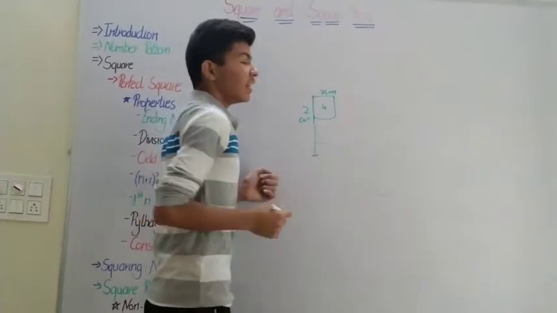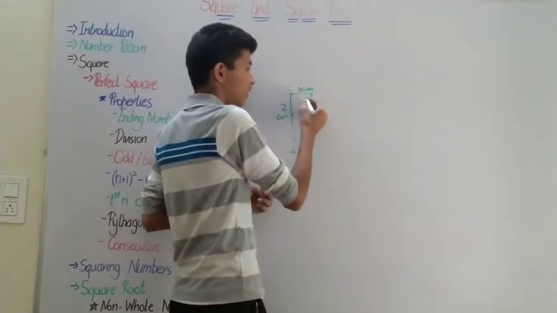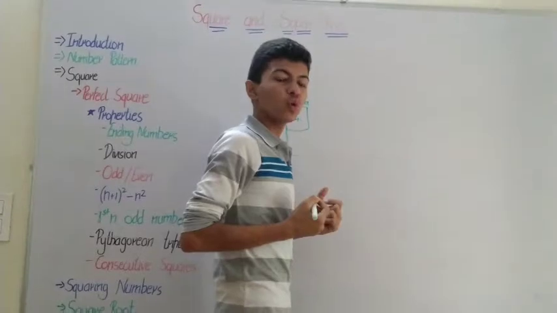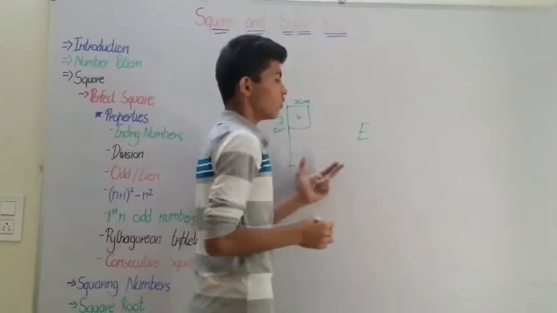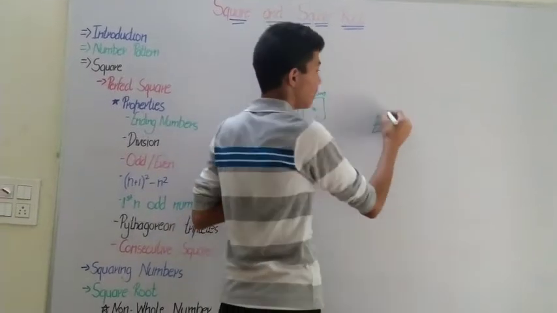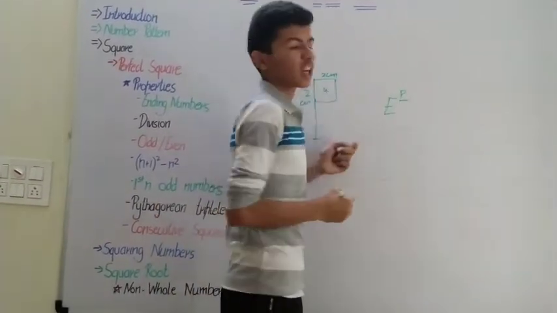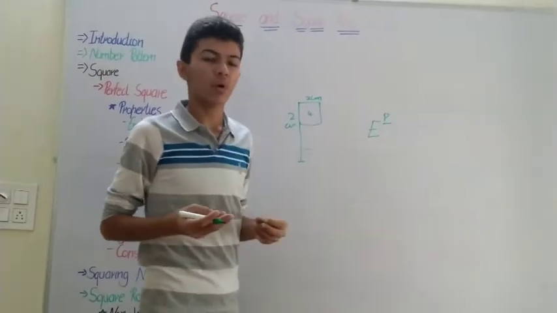So in exponents, we know that we write the number of times a term is multiplied at the top, which is known as the exponent. If I have the number e, and it is multiplied p times, here p is the exponent, also known as an index or power.